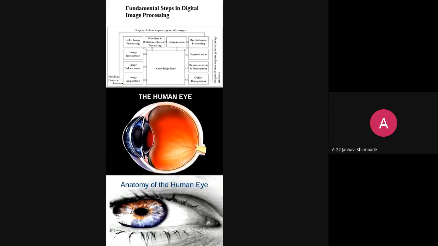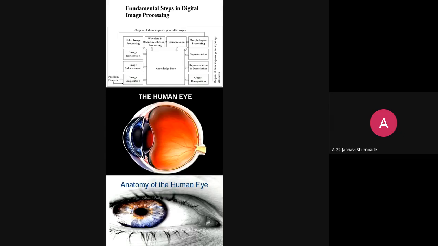As we know, the process of capturing the image is called image acquisition. Again, in order to improve the overall quality of the image, we can apply image enhancement. And if we have to improve a particular object, a particular part of the entire image, then we can use image restoration.